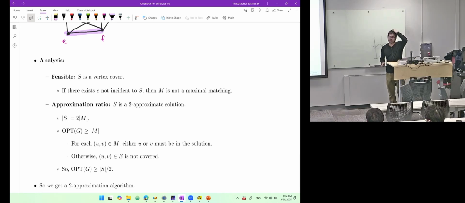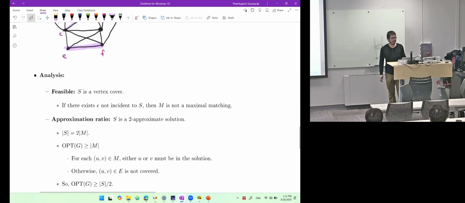Make sense? Why is opt at least M? Because what if you had one vertex that connected to every edge? Then wouldn't opt be just 1, even if there were like 10 edges?